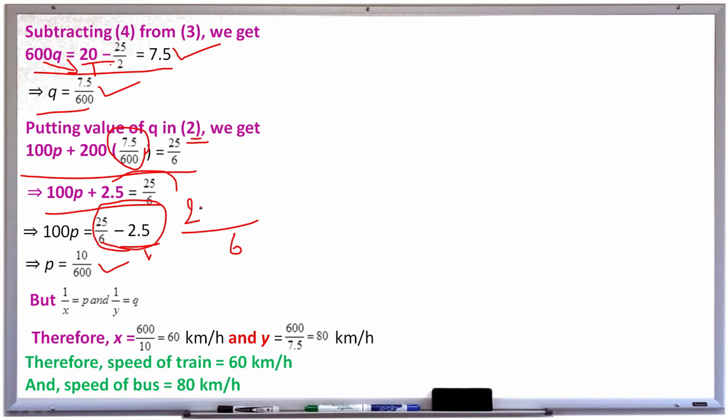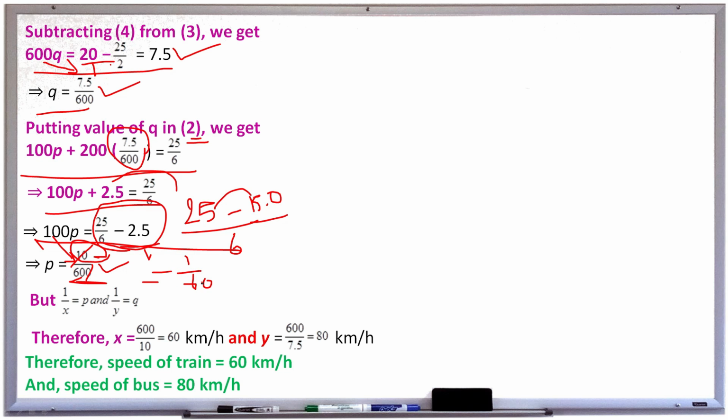When you simplify, the numerator is 25 minus 6 times 2.5: 6 5s are 30, 3 carry, 6 2s are 12, 12 plus 3 is 15.0. So 25 minus 15 becomes 10, correct. By 6 will be there, and 100 you bring down, 6 into 100 is 600. Now cancel the zeros, so 1 by 6, 1 by 60.